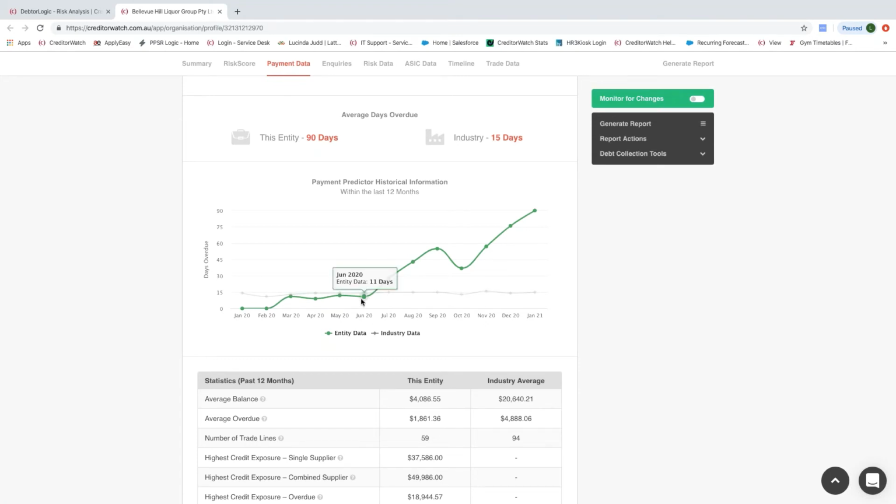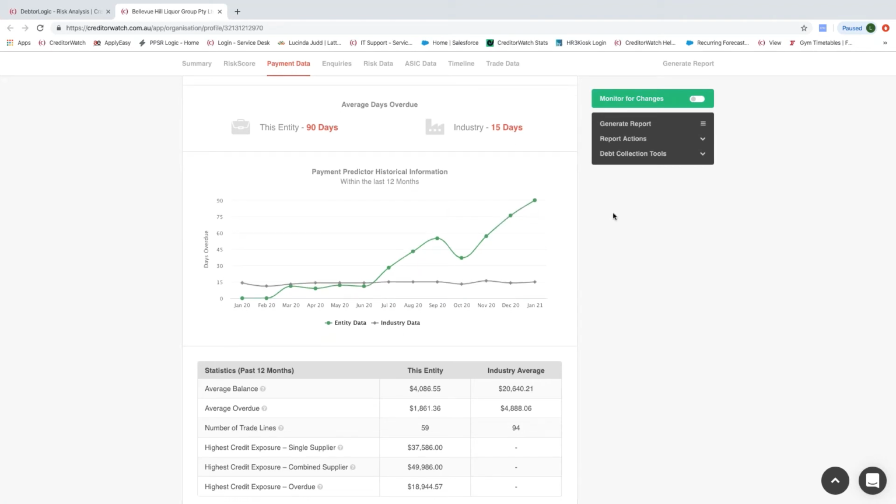That was peak COVID time, March to June, there were 11 days, and since have completely blown out up to 90 days. So really valuable indications of their payment trends over a 12-month period, just to see how they're tracking.